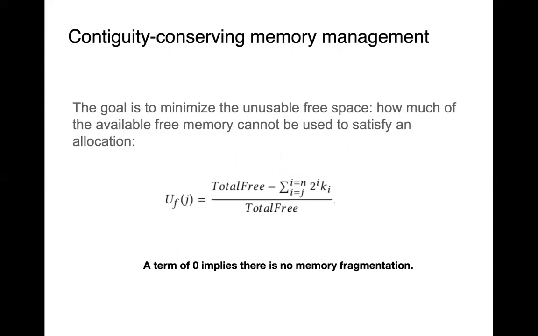Here, the right item is the desired allocation. Total free represents the free space. A term of 0 implies there is no memory fragmentation, and a term tending towards 1 implies high fragmentation. And our goal is to reduce the memory fragmentation.